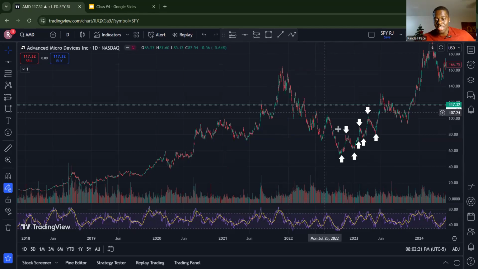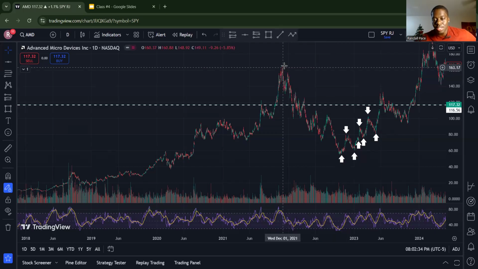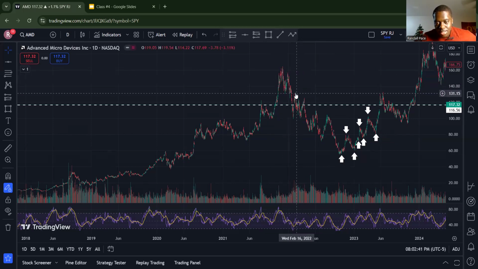Because this is actually a downtrend until this was broken, right? Once we start talking about the lower highs and lower lows, we can start looking at that now. Here's a high, here's a lower high, just a series of lower highs.